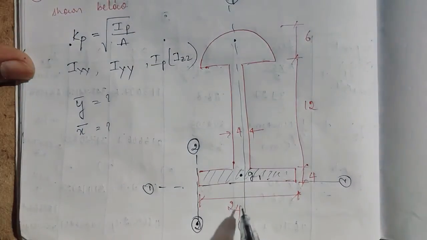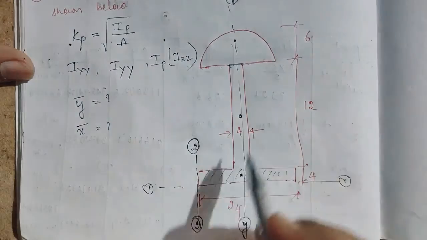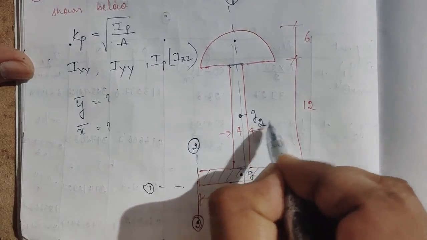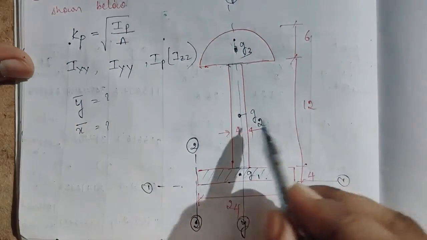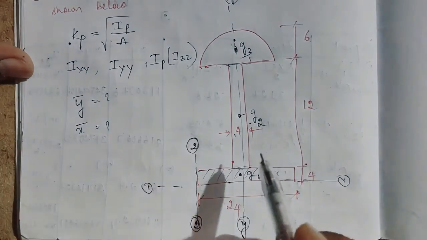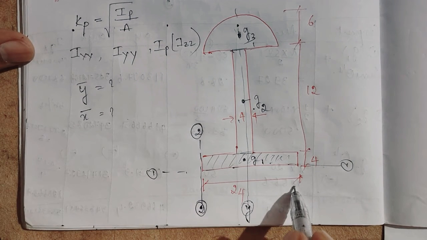In this axis only G1 is present here. When I come to this, I'll get G2. When I come to this, I'll get G3 for this semicircle. Two rectangles are there, one semicircle is there. What is the widest in the x axis? It is 24.